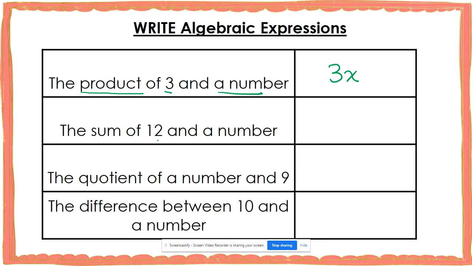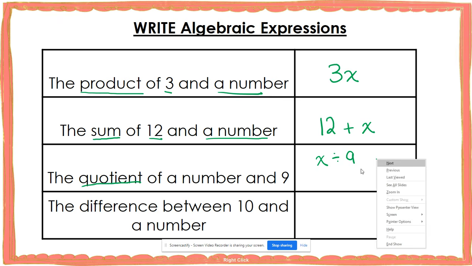Next, I have the sum of 12 and a number. Sum always means to add. So in this case, I'm adding 12 and a number. So I would write 12 plus x, again because x represents a number. Next, I have the quotient of a number and 9. Quotient always means divide, so I can write x divided by 9, or I can write this as a fraction.